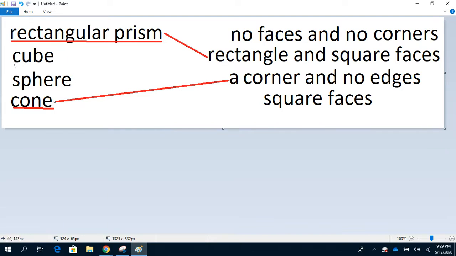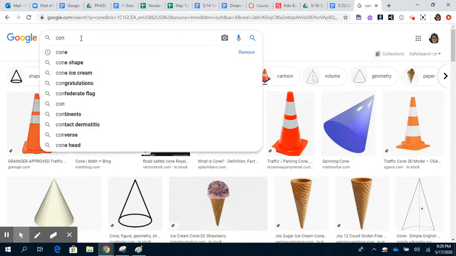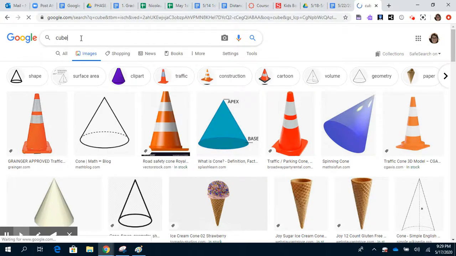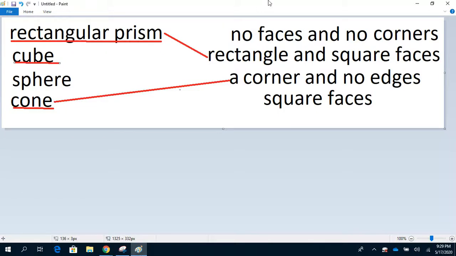The cube? All right, let's go look at a cube. Whoa, a cube looks just like a building block. It's got square sides and a whole lot of corners. No faces and no corners. Well, that's certainly not true.